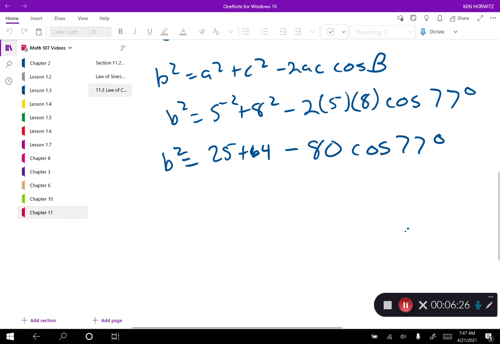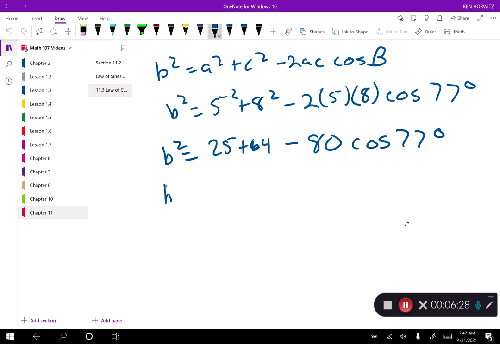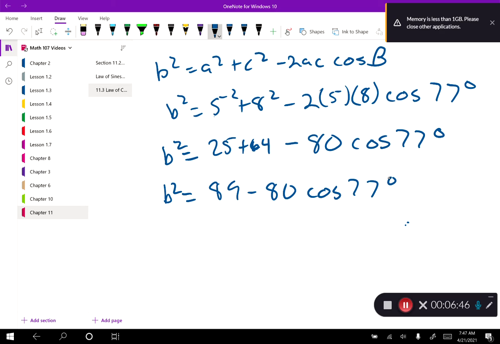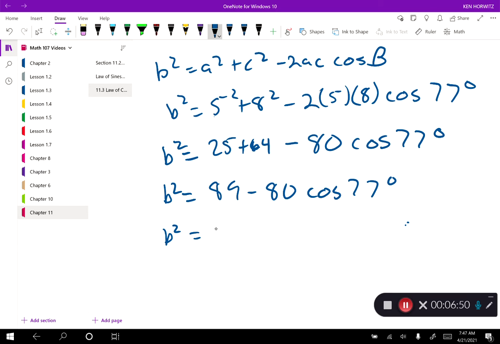All right, well, I got b squared equals 89 minus 80 cosine 77 degrees. And so when I did that to finish off, I got b squared equals 71.00.